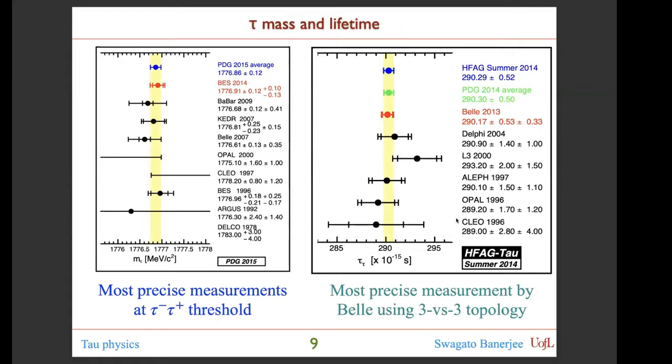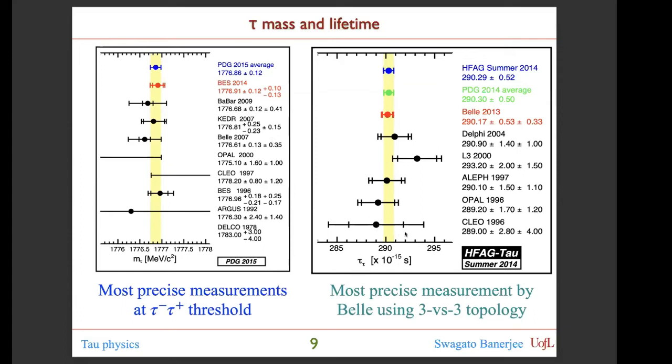To give you a summary of the measurements that we have used for the mass of the tau and the lifetime of the tau, this page shows the current state. The measurement of the mass of the tau is dominated by measurements near the tau threshold, and that has reached an error of the order of 0.12 MeV, which is really quite precise.